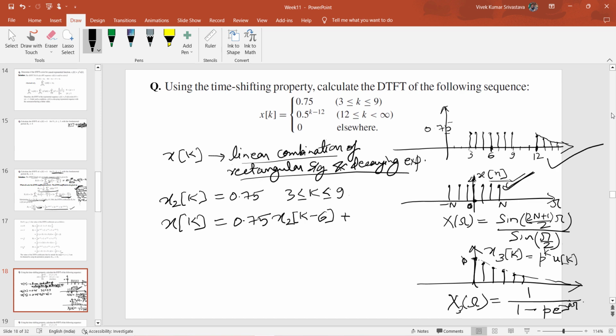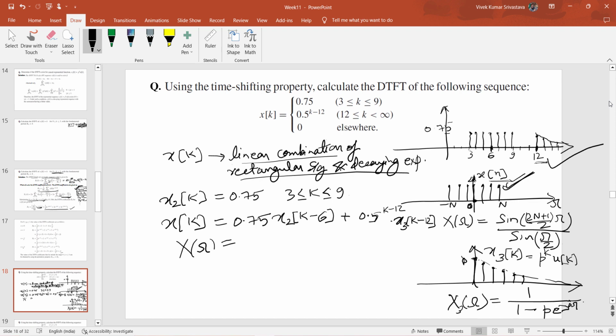We can write this as 0.5 raised to the power k minus 12 into u of k minus 12, because it is shifted to the right side by a time of 12. Now we can use the time shifting property.